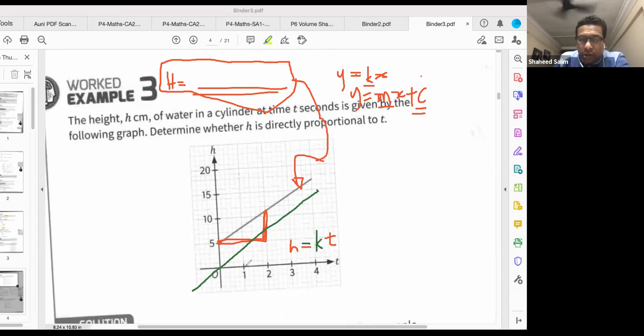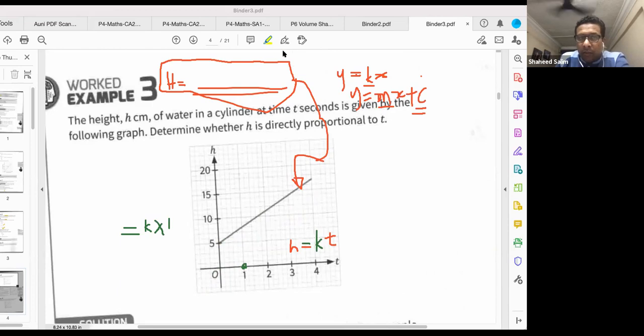So let us see. When T is 1, we can find out what K is. What is H? Sorry, there are too many lines, I got confused myself.